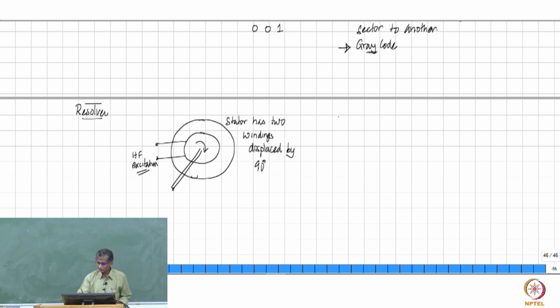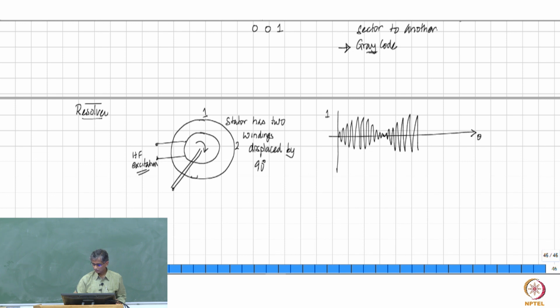And because of that, if you look at the high frequency induced EMF in the first winding, let us say 1 and 2 here, if you look at the induced EMF at 1, with respect to the rotor angle, you will have an induced EMF that has a sinusoidal envelope like this. This envelope occurs because of the variation of the rotor angle.